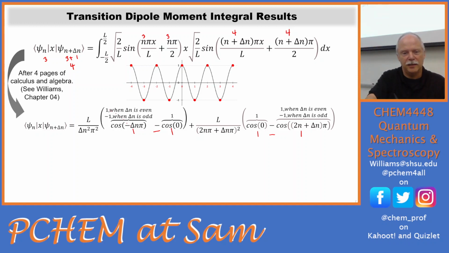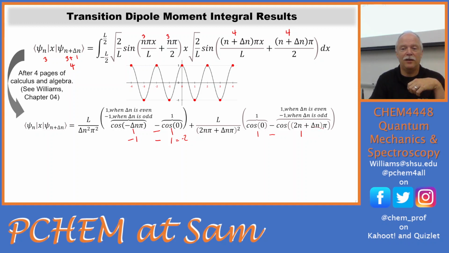Let's look at the odd case. So when delta n is odd, we have odd multiples of pi, and this becomes a -1 and a -1. So this piece here becomes a 2. Okay, and then that 2 comes out front. And so then we have a constant there. And then over here, when delta n is odd, we have an even number, 2n, plus an odd number is going to give us an odd result.